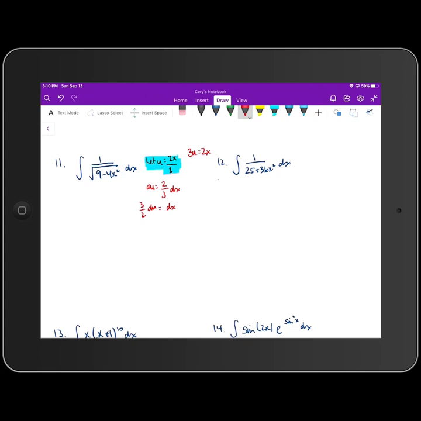And then I'm going to square both sides of the equation, which is going to make 9u squared equal to 4x squared. Okay, so once I have that, now I'm going to rewrite my integral.